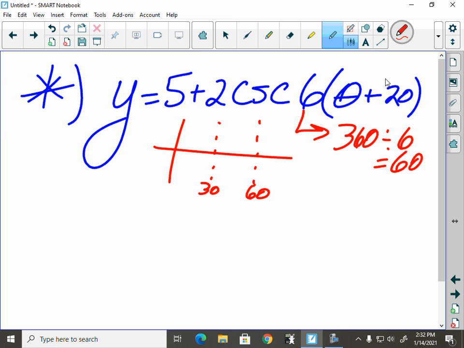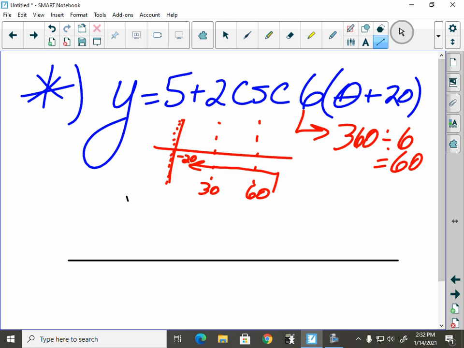But everything's going to go plus 20, so that means 20 to the left. So I'm going to subtract 20. Okay, so that's going to move this 0, 1, because there's one hidden here. You just don't see it. Okay, so there's one there. But then when I graph it, it should be good to go.